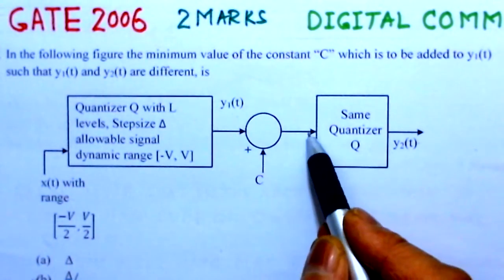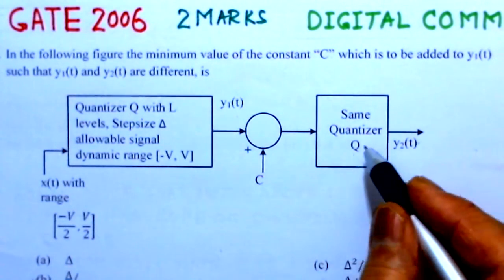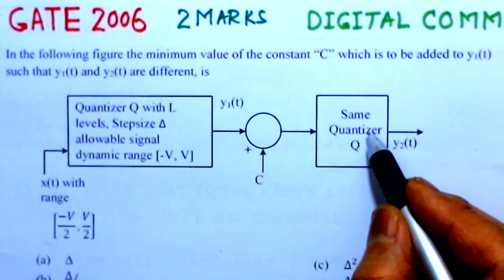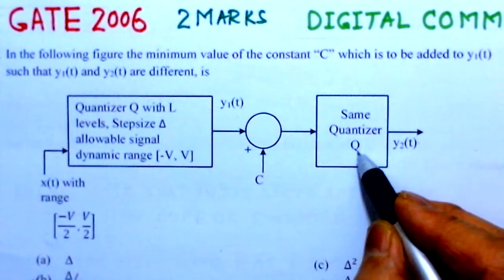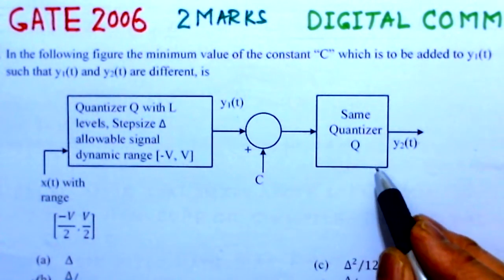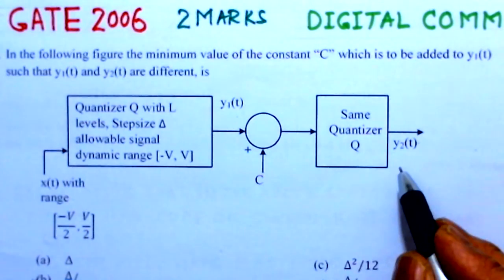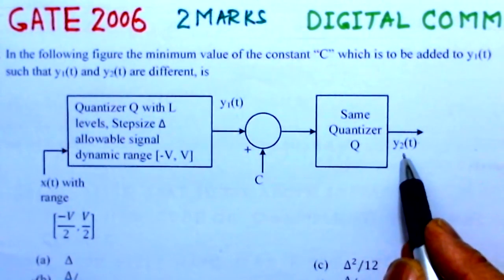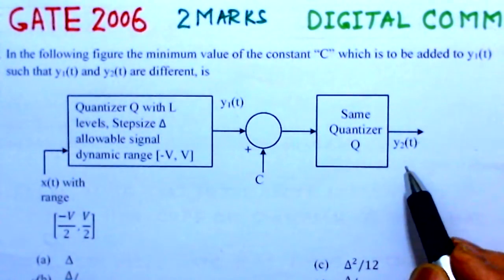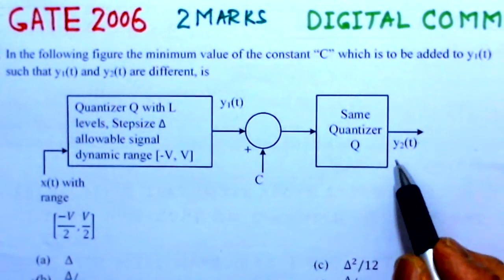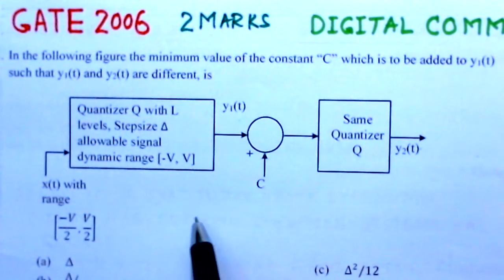added through this block, and the output from here goes to the second quantizer which is of the same type, and y2(t) is the output of this second quantizer.